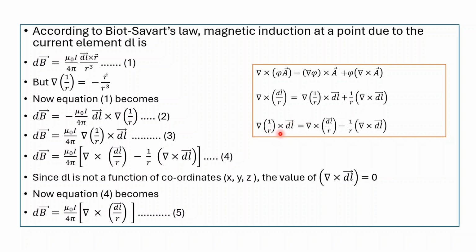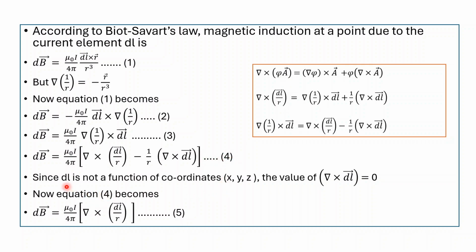So grad of 1 by r cross dl vector equal to curl of dl vector by r minus 1 by r into curl of dl vector. See here, instead of this we have to substitute this one. In our case 1 by r is phi, dl vector is A vector. Now we have arrived at equation 4.